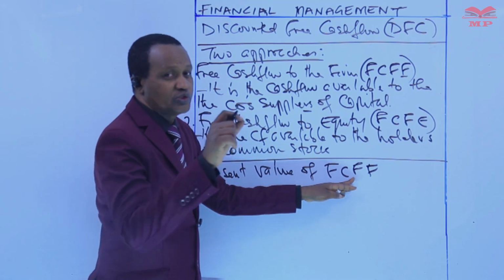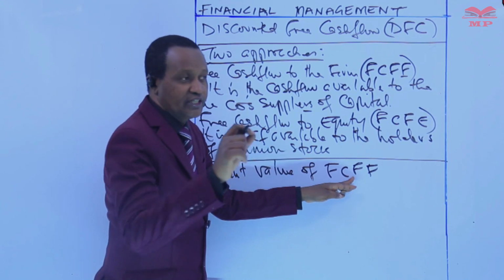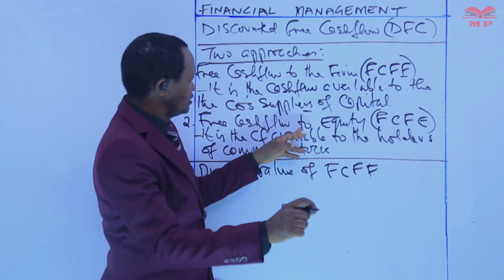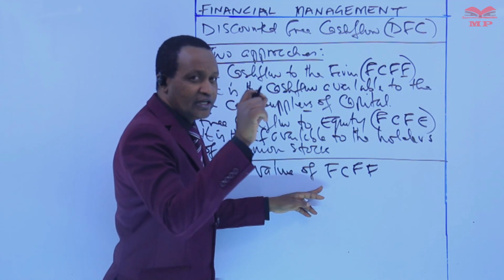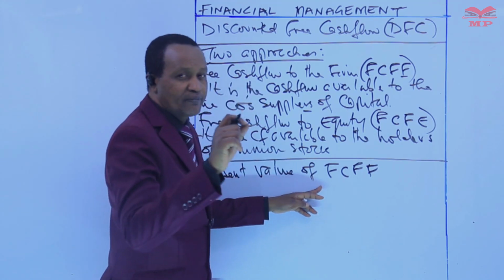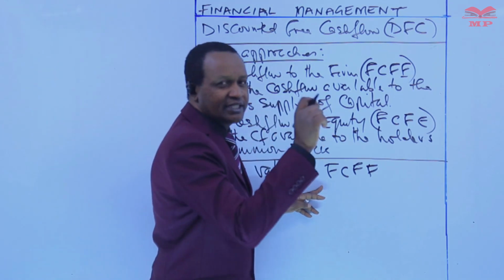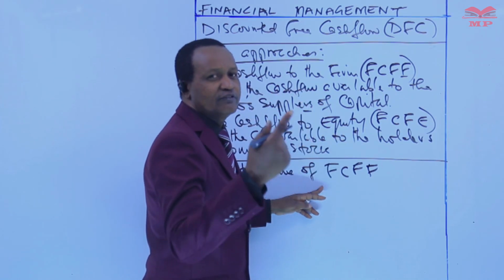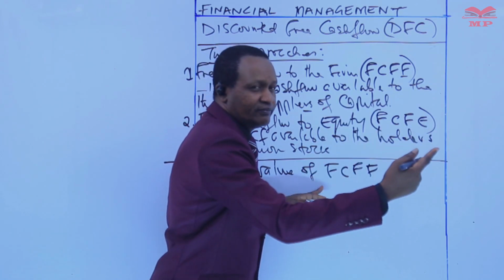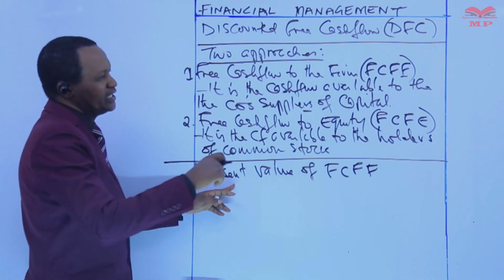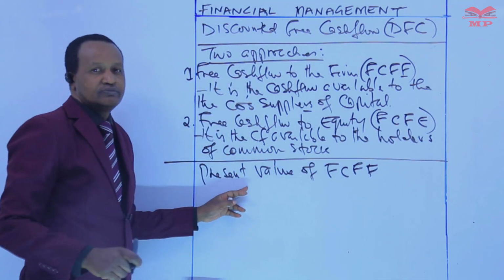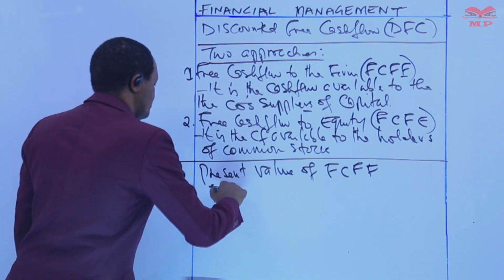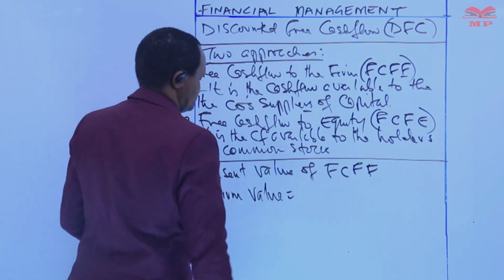The free cash flow to the firm valuation approach estimates the value of the firm as the present value of future free cash flows to the firm discounted at the weighted average cost of capital. I've used sentences.